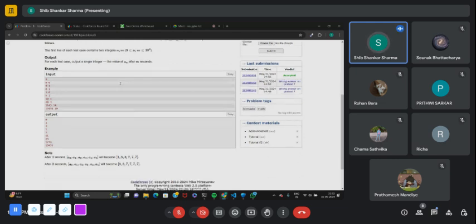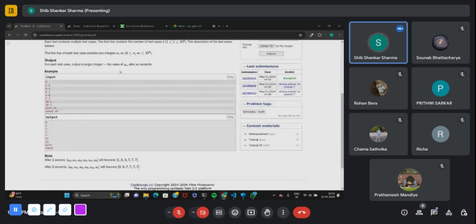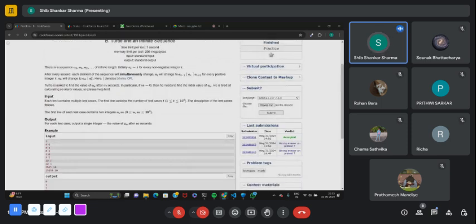So basically, what this question is, you have an infinite sequence. Initially ai is equal to i itself, and after every second the value of ai will change, and the new value will be ai minus 1 or ai or ai plus 1. So every value will go through a bitwise or with its two adjacent elements.